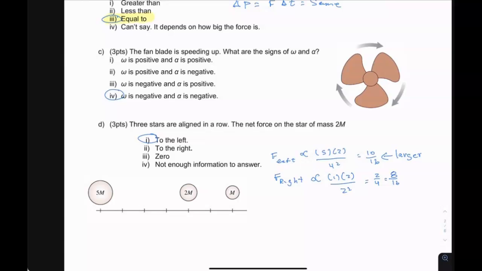Whenever it's clockwise, that is a negative rotation, and the angular velocity is negative. And since the fan blade is speeding up, the sign of alpha must be the same as the sign of omega. So alpha's sign is negative as well. The correct answer is choice 4.